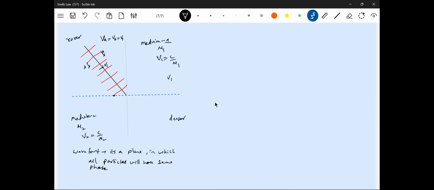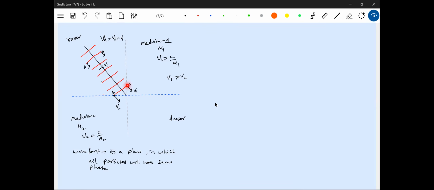Then what we can say? V1 is greater than V2. Now look at the particles A and B. Now B has entered into the medium, so its speed will become V2, and A is yet to enter medium 2, so it will have a speed V1. So what will happen to the wavefront now? The point B on the wavefront will have less speed, so the wavefront will be like this.